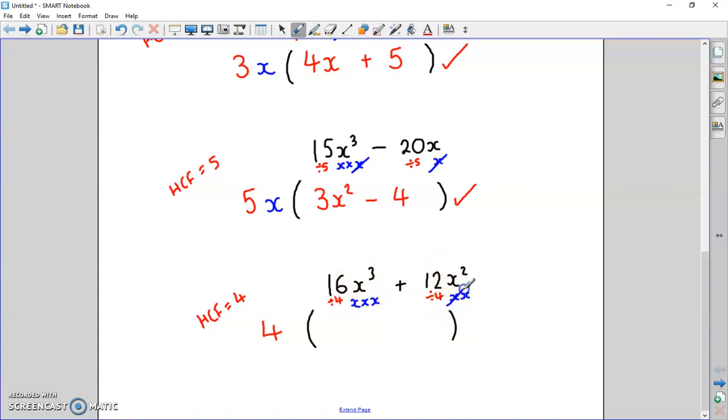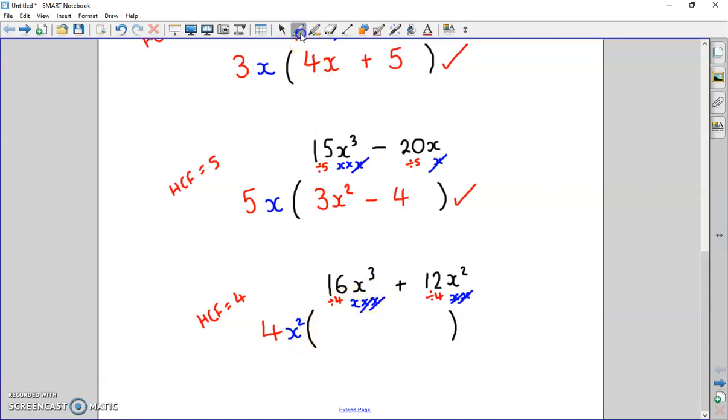We can take 2 from there, 2 from there. But remember, x times x would be neater if we wrote it as x squared. So what are we really taking away? We're dividing by x squared.